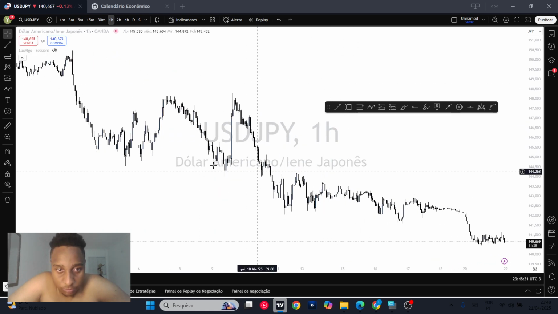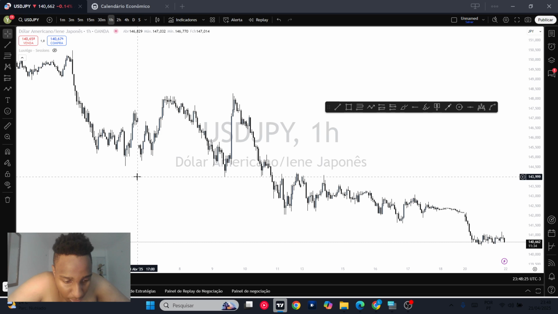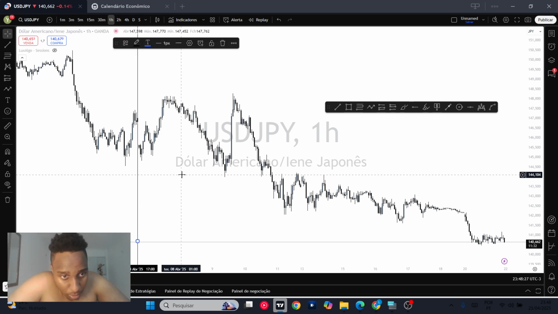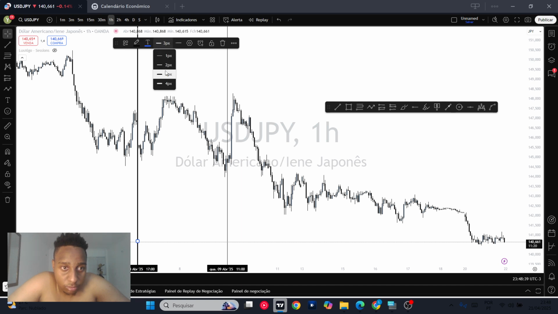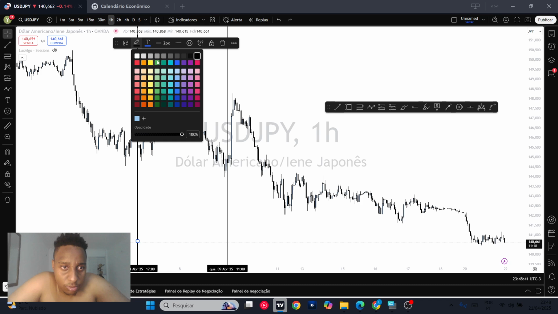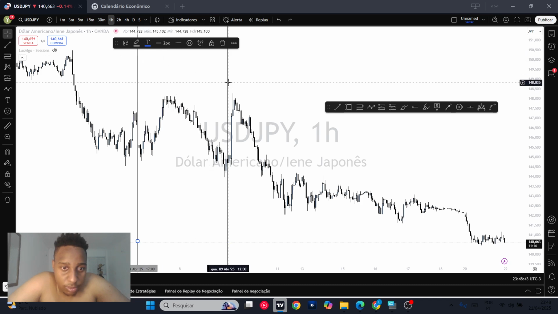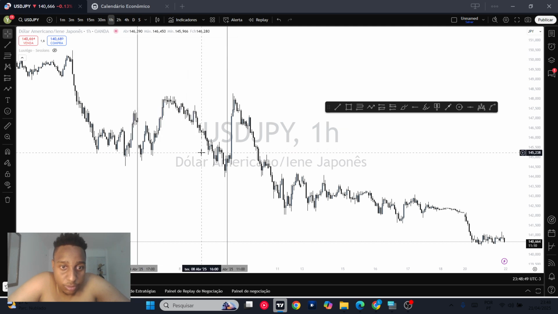So we will study this movement here, from here to here. We'll mark this down. I will mark a little bit more thick for you guys to see it. No, two, I think two is good, right? In grayscale, and here as well, grayscale, and a little bit more thick.